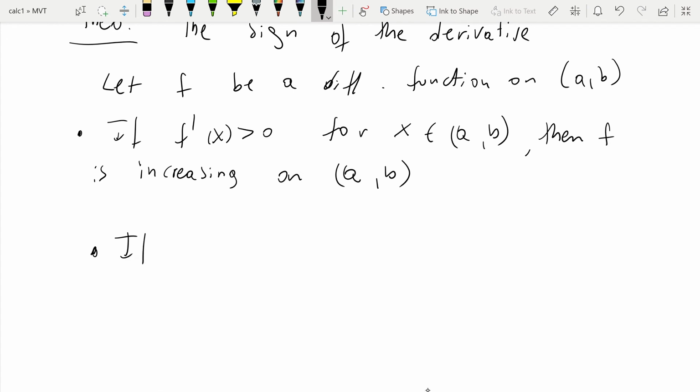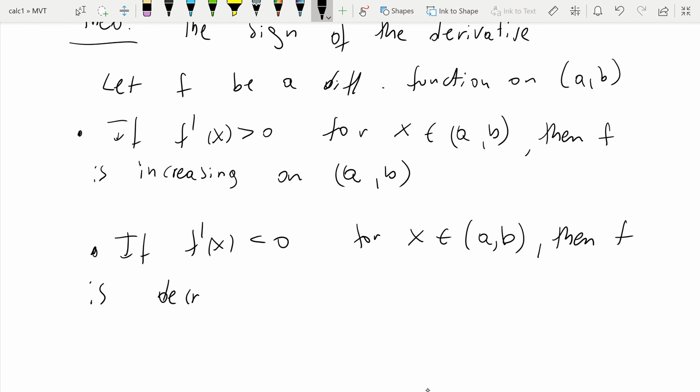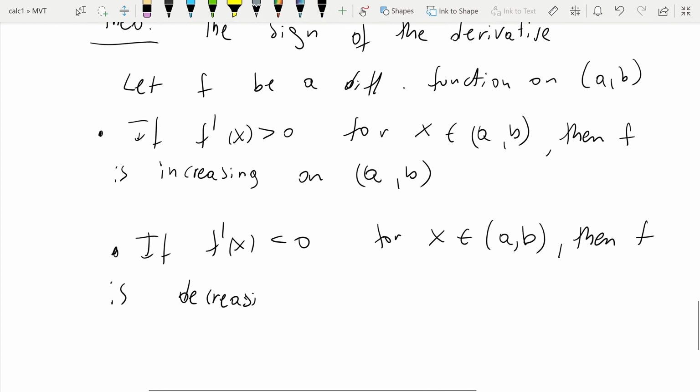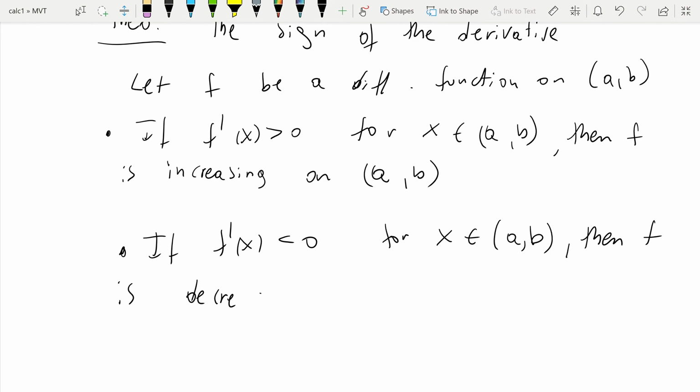If on the other hand f prime of x is less than 0 for all values of x inside the interval, then f is decreasing throughout the interval (a, b).